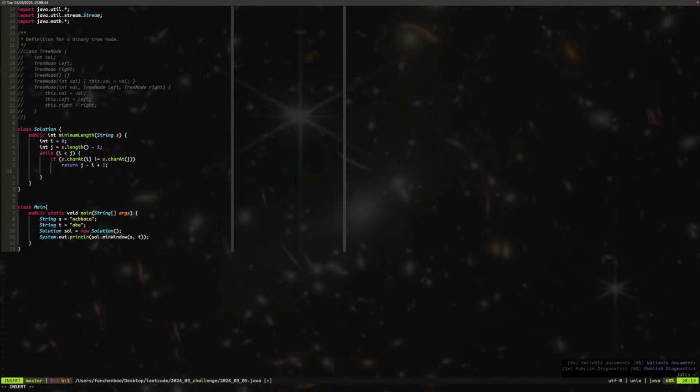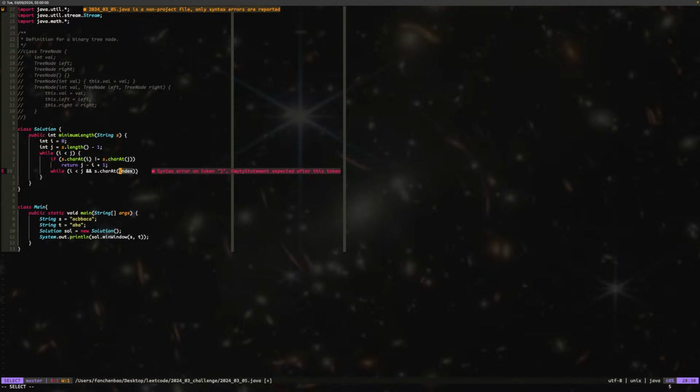Otherwise, we basically just move one of them forward. We say while i is smaller than j and s.charAt(i)... maybe I should go with i plus 1. So i plus 1 smaller than j. It cannot be equal to j, so i plus 1 cannot be equal to j.